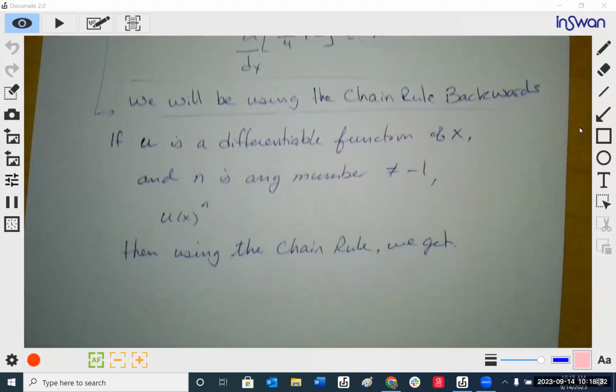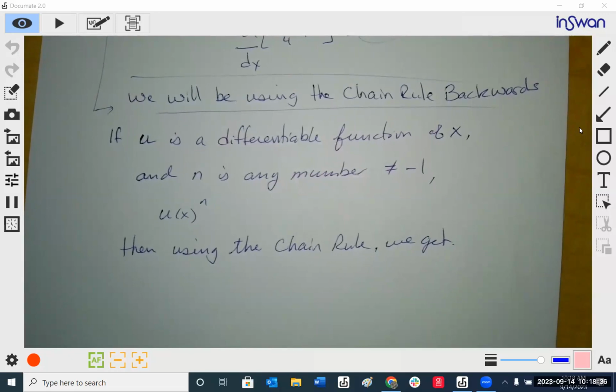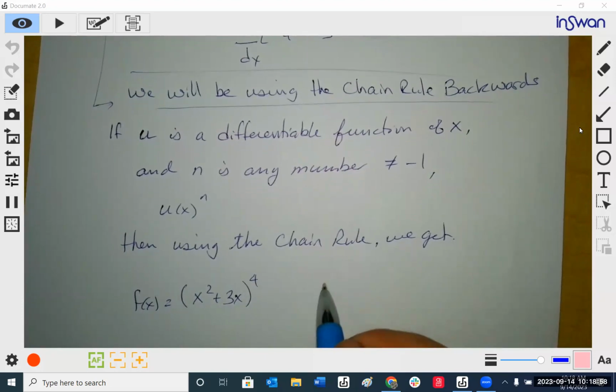we get. Okay, do y'all remember what the chain rule was? Well, for example, if our function was x squared plus 3x to the power 4, what's the derivative?